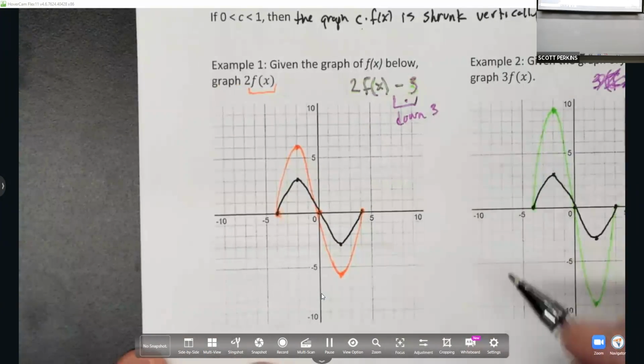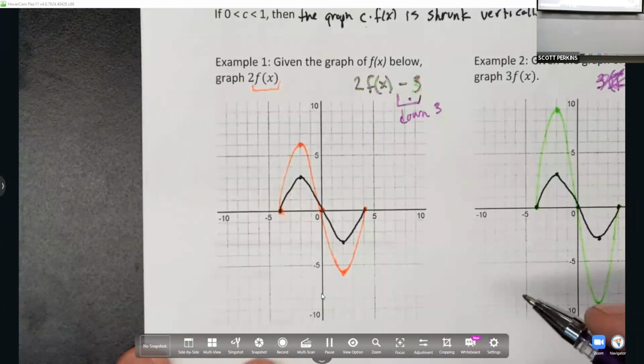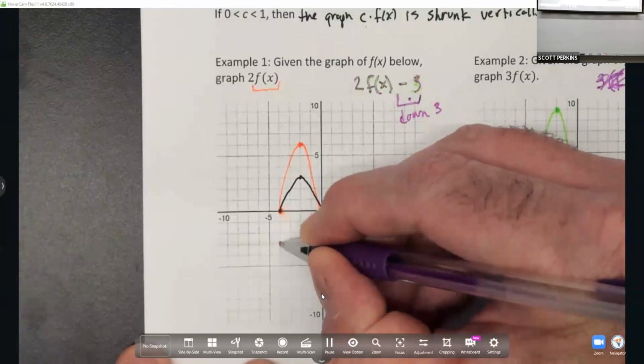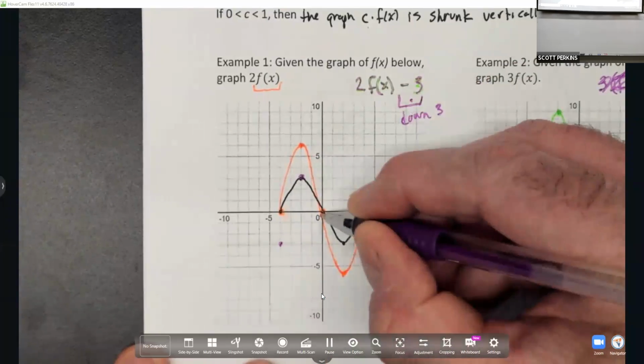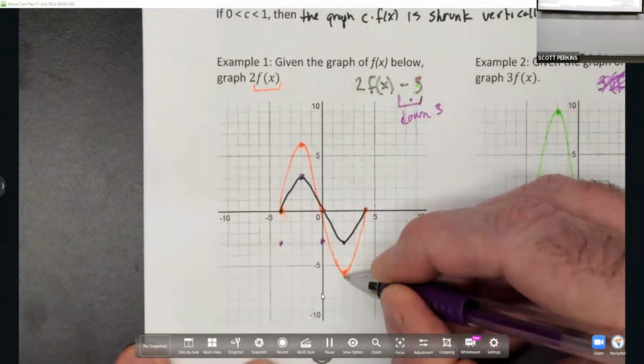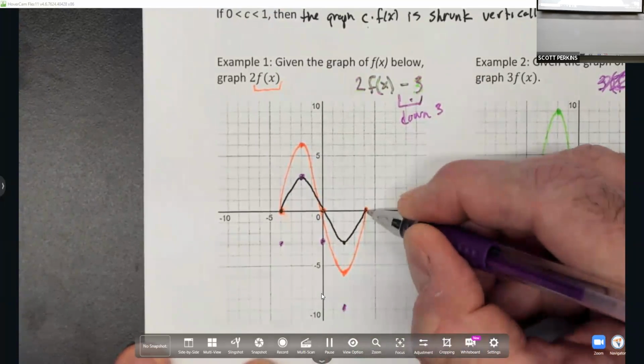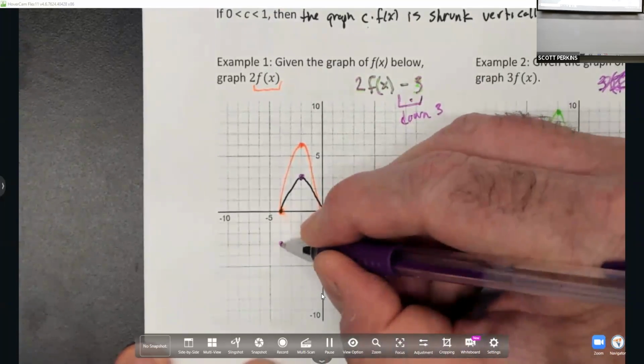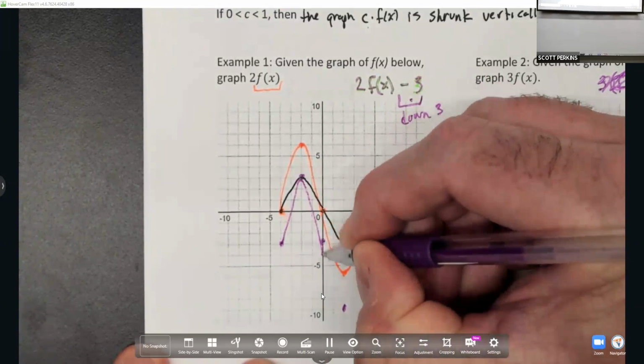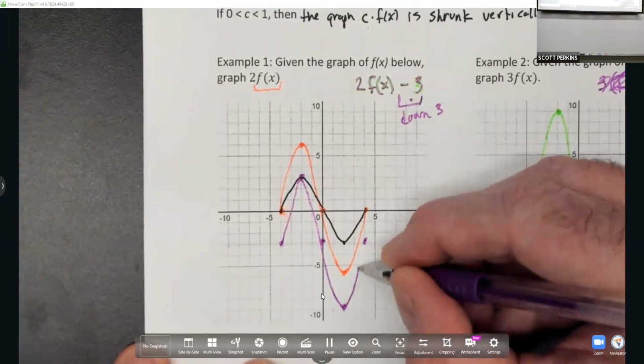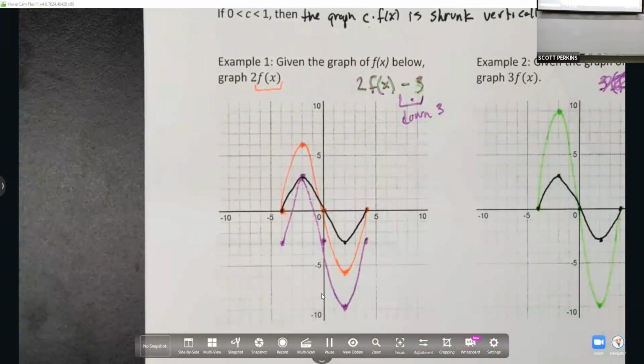So this says move the whole thing down 3. So I'm going to take that orange graph and I'm just going to move the points down 3. So 1, 2, 3, 1, 2, 3, 1, 2, 3, 1, 2, 3, and last but not least, 1, 2, 3. And so remember, translations do not affect the shape, so it stays stretched out. But what I've done is it has now moved down 3 units.